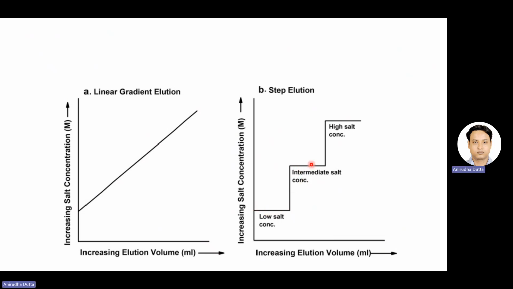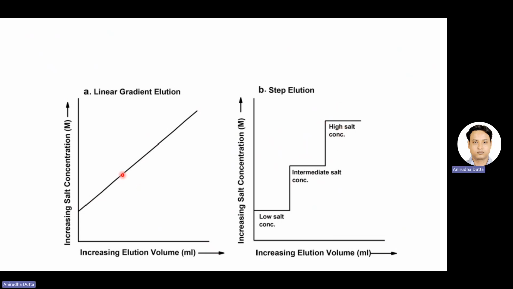So all those proteins would come out at this particular salt concentration, and we won't be able to differentiate or separate those proteins from each other. Same thing is true for the next step. Whatever protein is supposed to get eluted between these two salt concentrations would all come in one single peak, and we won't be able to separate them.